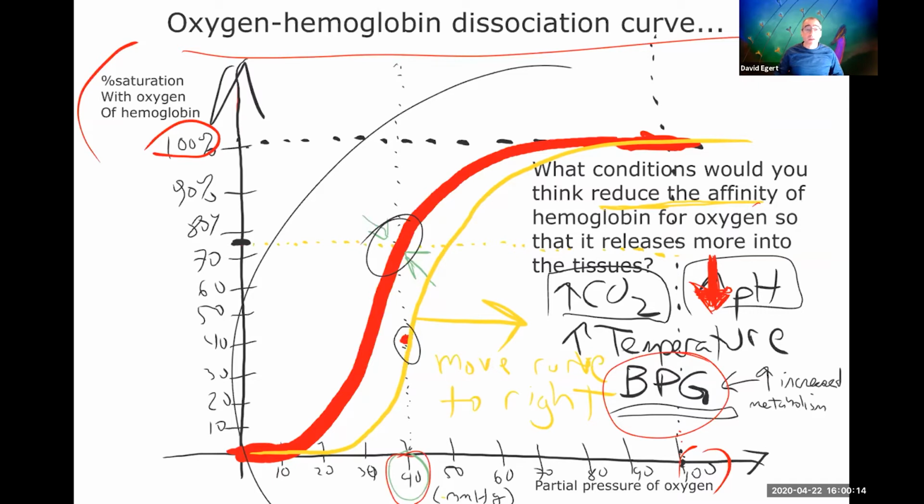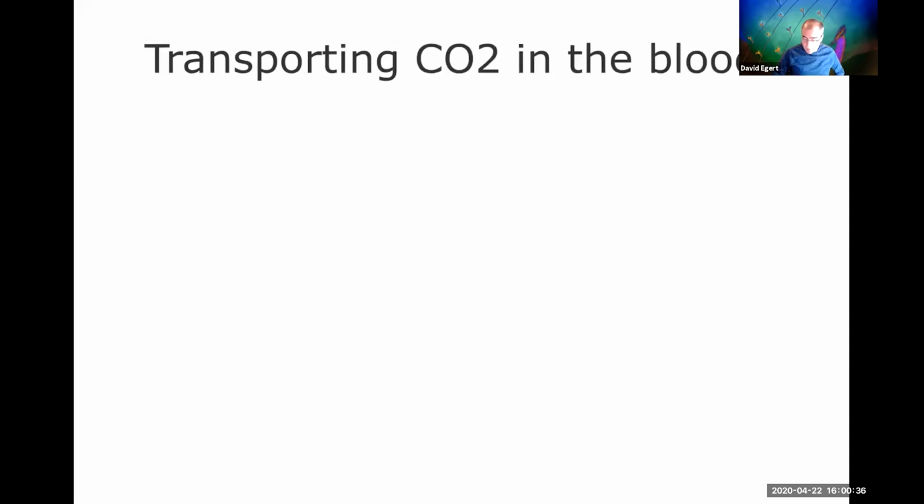We should also talk about how carbon dioxide is transported in the blood. So there's actually going to be three main ways.